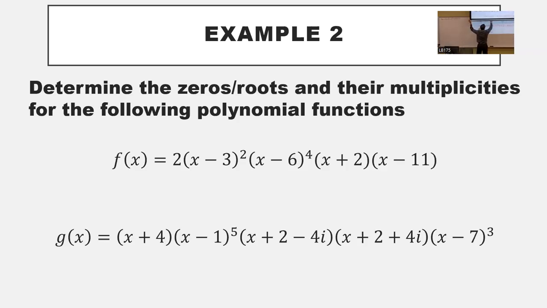And then I have a g of x, which you can see on the screen. I'm going to write that down.